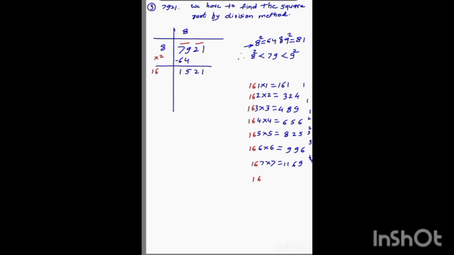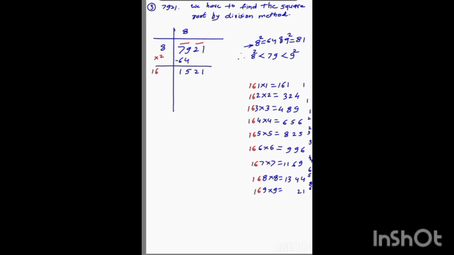168 into 8 will be giving you 1344. Then 169 into 9: 9 nines are 81, write 1 carry 8, then 54 and 8 is 62, carry 6.